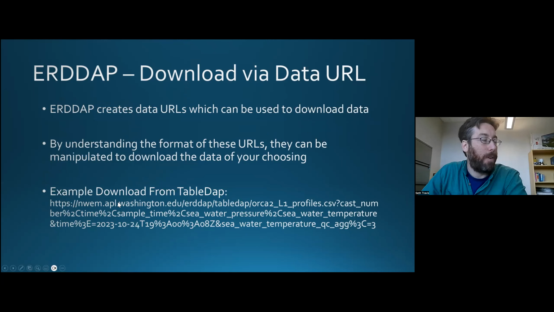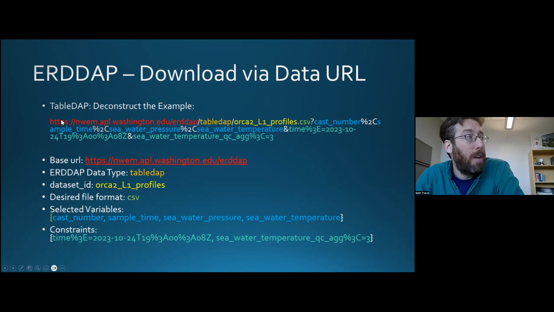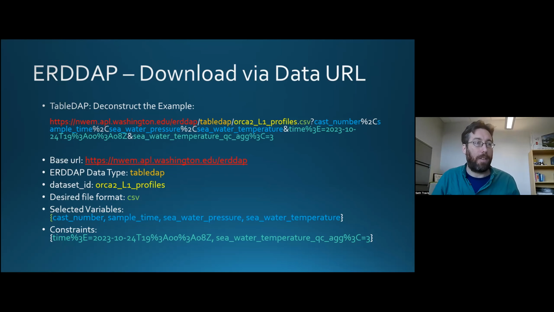So I have, for an example here, a URL created to download some data from the tabledap. The URL looks pretty complicated, but if you can deconstruct that URL into its separate pieces, you can see what's happening pretty quickly, and you can start to see the pattern, so you can understand how to manipulate the URL to do what you want.